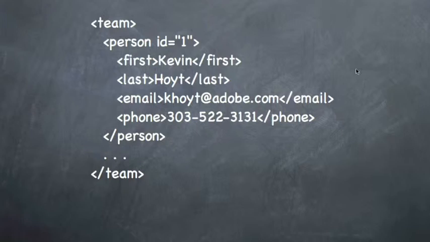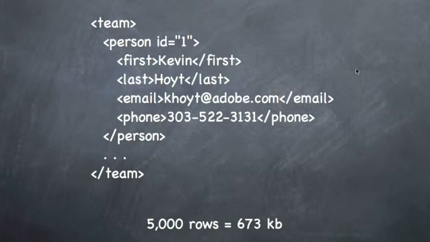So I've taken one of the example records from the previous CSV data set and made it into an XML representation. 5,000 rows cost us 219K in CSV. Here in the XML representation, 5,000 rows equals 673K. That's really growing for just 5,000 rows.